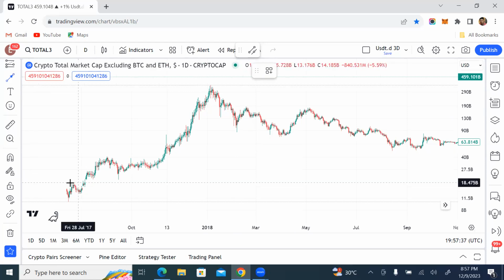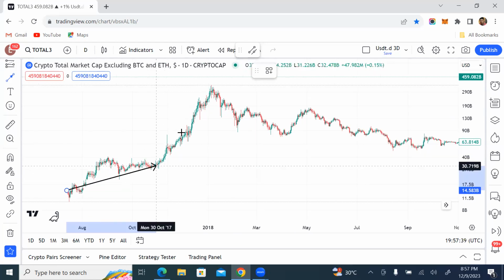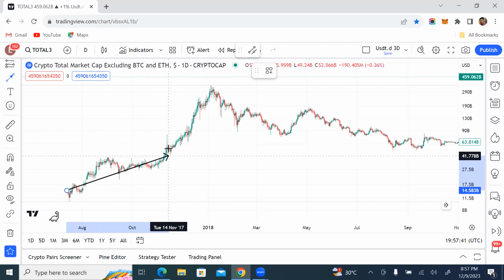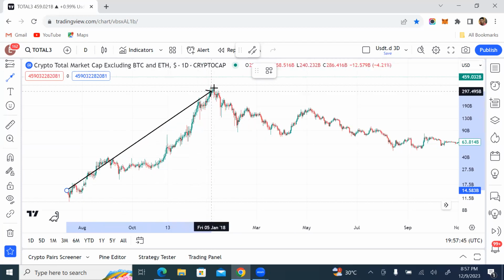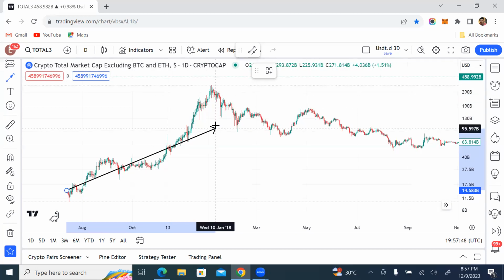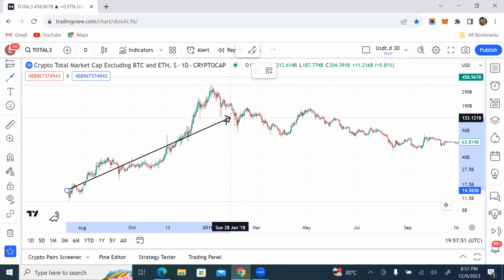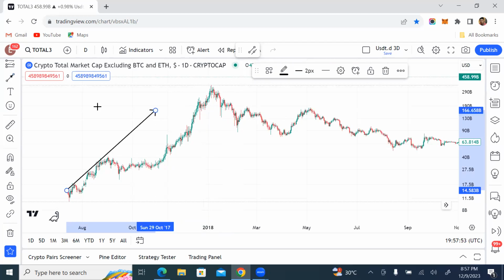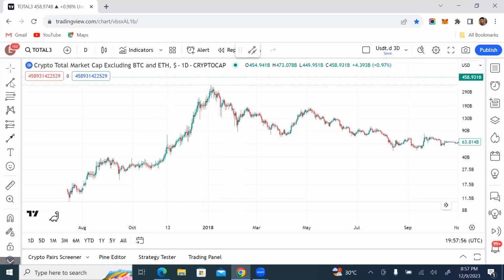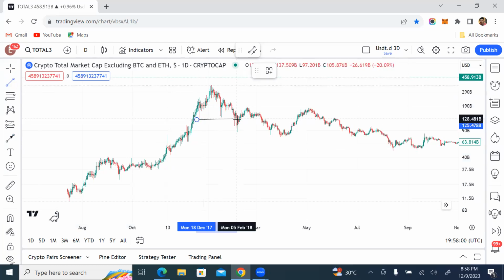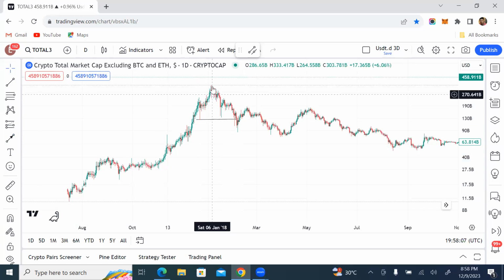You see price is making continuous highs, higher highs, higher low, higher high, higher low. At this point, price broke this higher low and switched. So from here we have our change of character, because it was this higher low that formed this higher high.